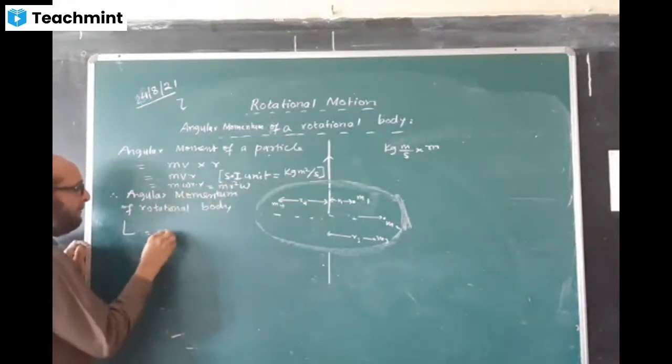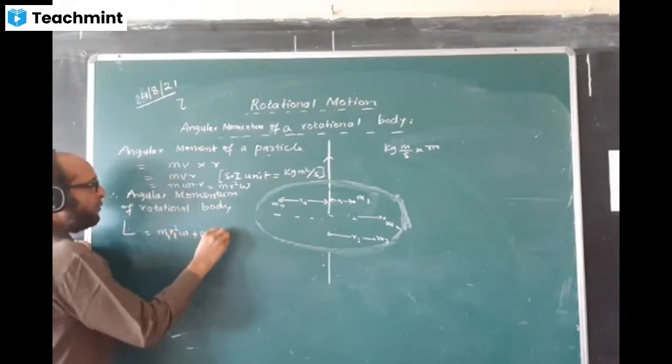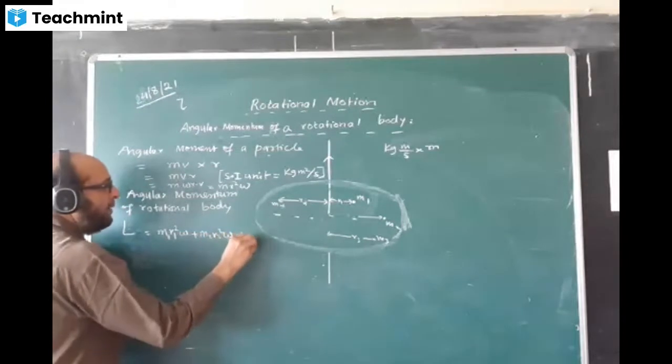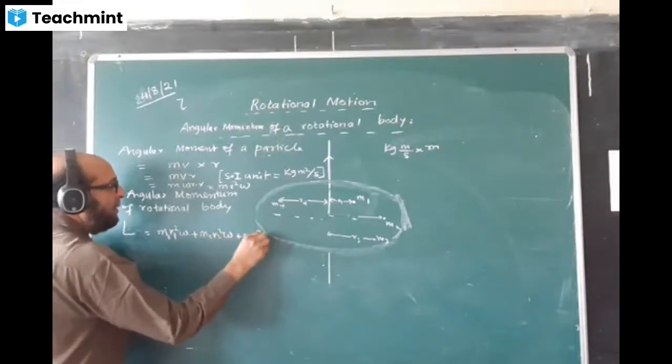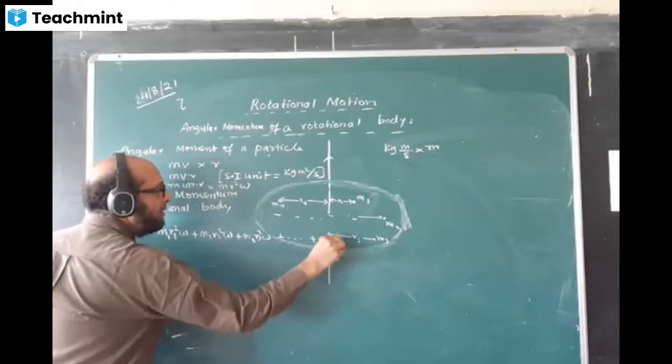So it is m1 r1 square omega, m2 r2 square omega, m3 r3 square omega, and so on, up to mn rn square omega.